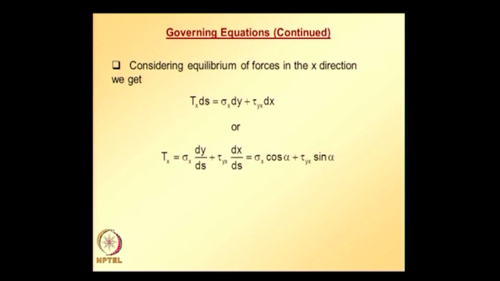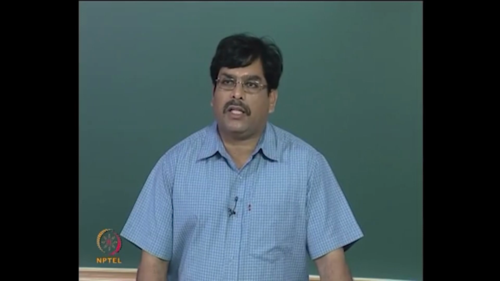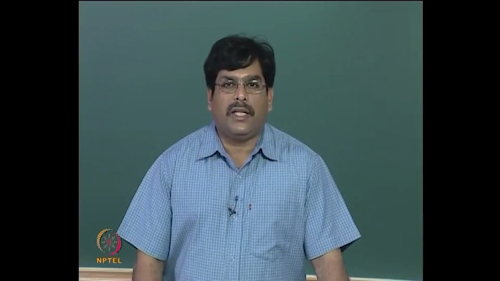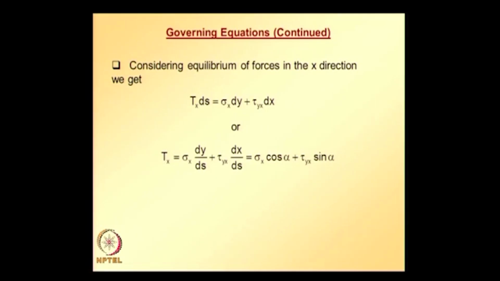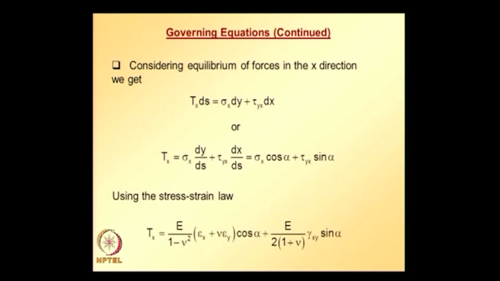So, this gives us the relationship between the traction component in the x direction and internal stress components sigma x, tau x y or tau y x. And now, using the stress strain law, we can express this in terms of strains, and using the strain displacement relation, we can express this in terms of displacements.